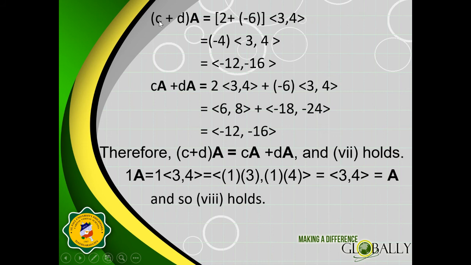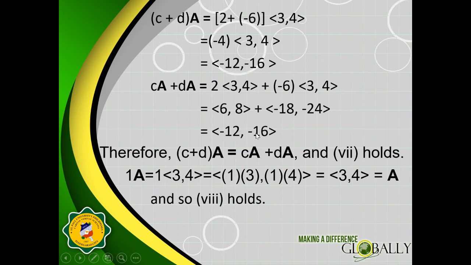c plus d multiplied by A. We first calculate the sum of c and d. It equals -4, times (3, 4), which equals (-12, -16). cA plus dA equals (6, 8) plus (-18, -24) equals (-12, -16).